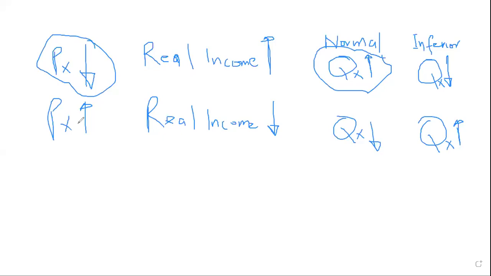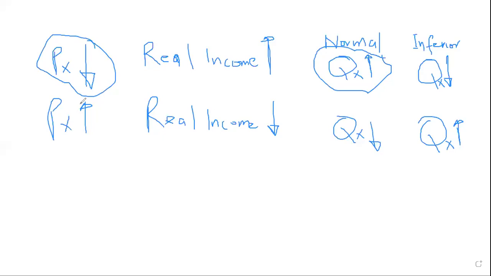We can also do the same analysis using an increase in price. When the price of X rises, real income will fall. The quantity of X, if X is a normal good, will fall. So what do you see? A rise and then a fall. An inverse relationship. Again, for normal goods, income effect is negative. And then you can look at this for inferior goods as well.